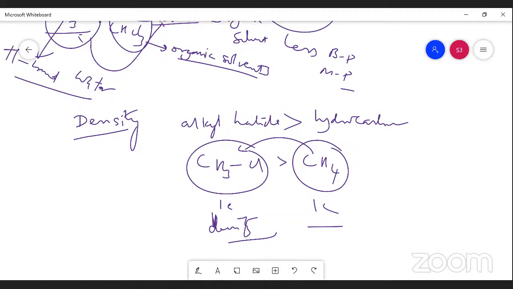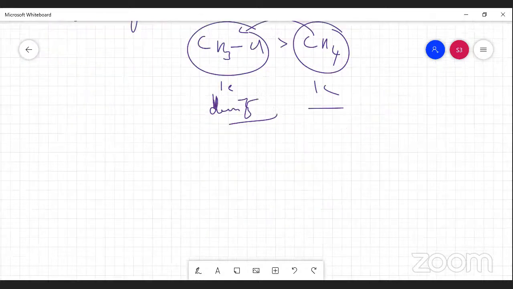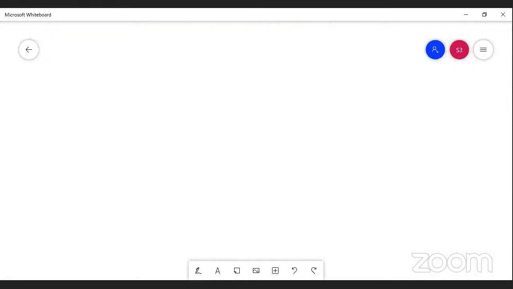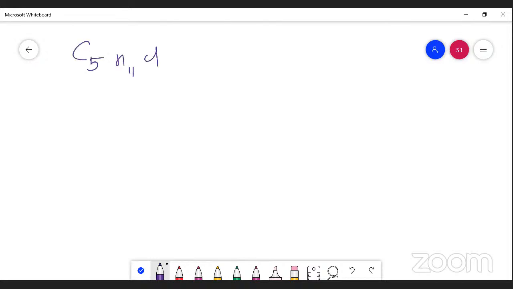Next, an example question is given in our book. The question given in our book is C5H11Cl. What are the possible isomers? You see, I can write 5 carbon.